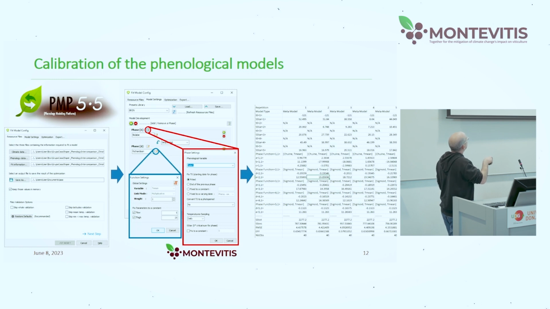Clicking on these icons, we can fix, in this case, the parameters, or we can say, okay, calibrate it because I want to calibrate them. And then these are more or less the results when they are put on an Excel file.